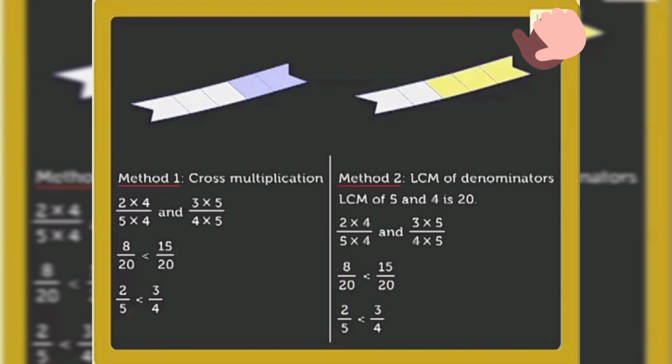One is the cross multiplication method I have explained in this video, and the second one is the LCM of denominators, that we need to find out the LCM of the denominators and then we need to multiply with a number so that the denominators become same, and then we can compare. So these two are the rules by which we can actually compare fractions where the numerator and the denominator are different.